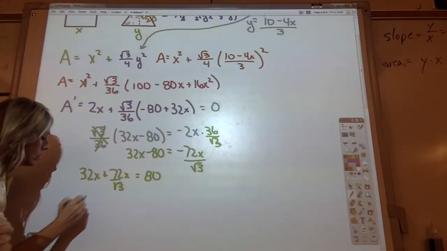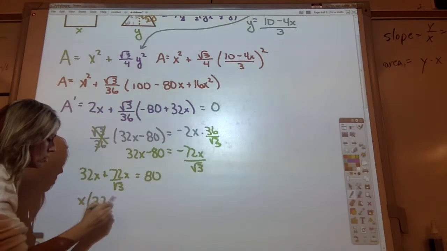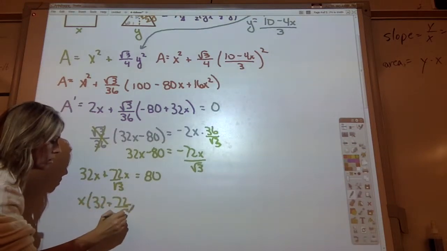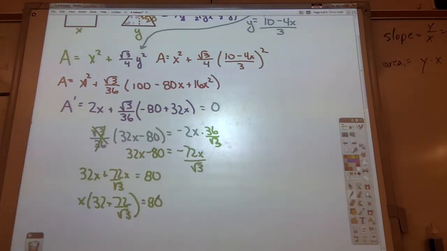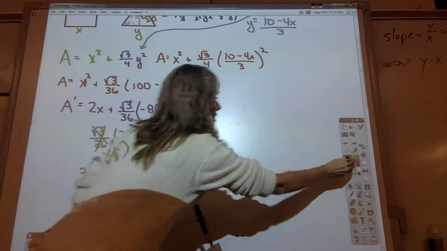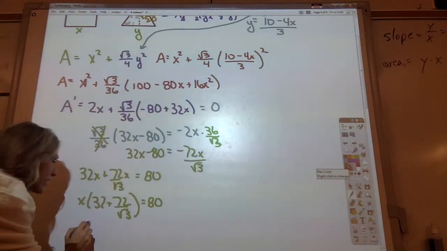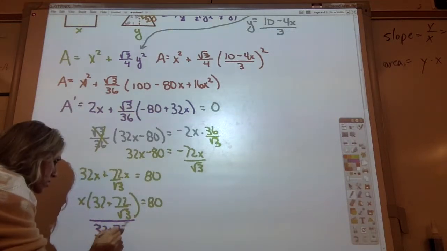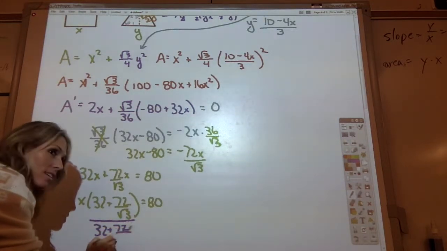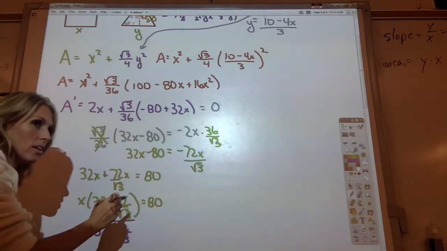Okay, it's up to you. Now, divide by 32 plus 72 divided by the square root of 3. That's who ugly is.